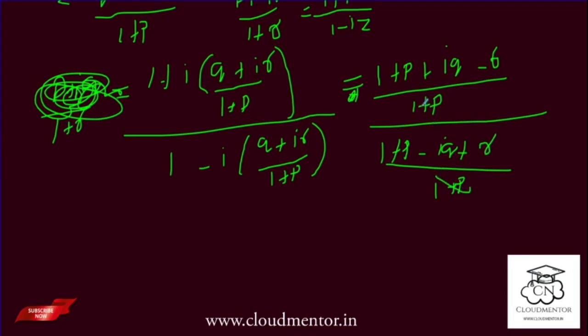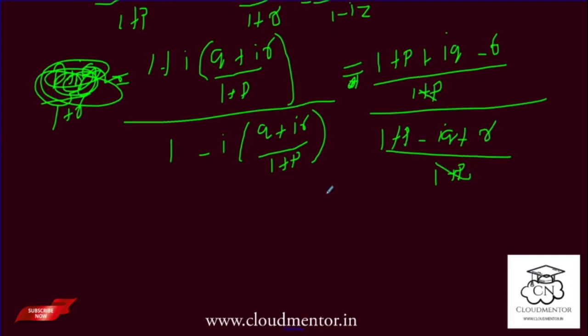So that's it, and 1 plus p get cancelled here. So we get 1 plus p plus iq minus r by 1 plus p minus iq plus r.